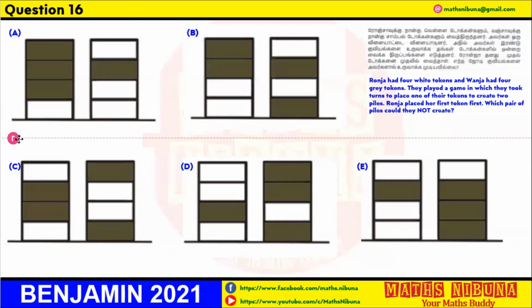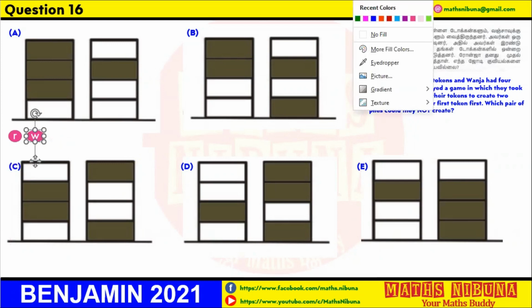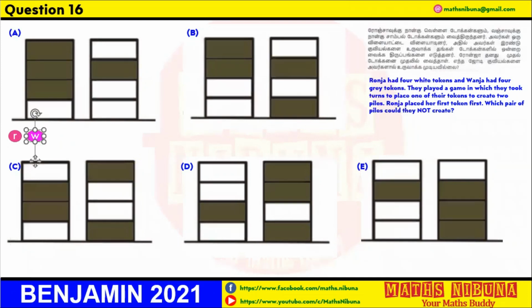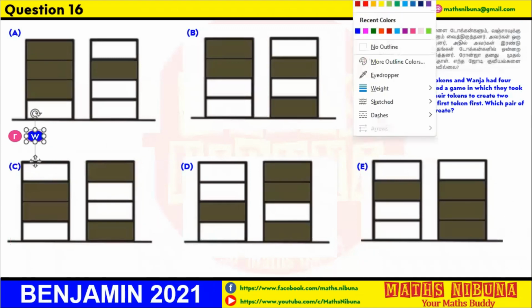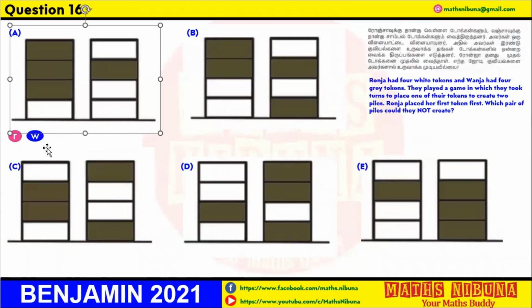I put Ronja as the red color, and Wanja as the blue color. So first we start with Ronja.